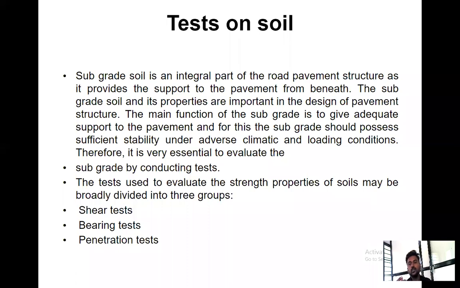The tests used to evaluate the strength properties of the soil may be broadly classified into three types: shear test, bearing test on the soil, and penetration test. So to understand the strength of the soil, we perform different kinds of tests. The first one is the shear test, another one is the bearing test, and the last one is the penetration test.